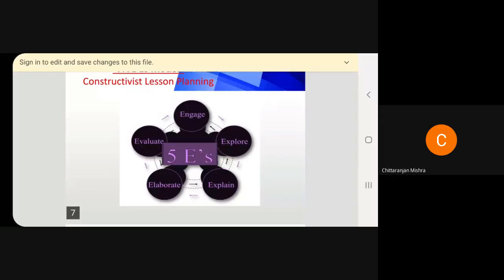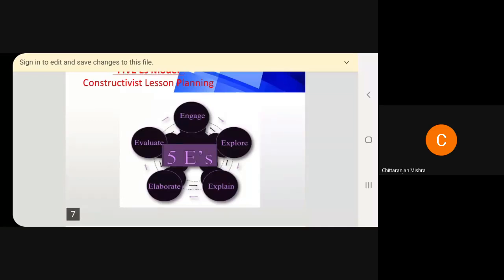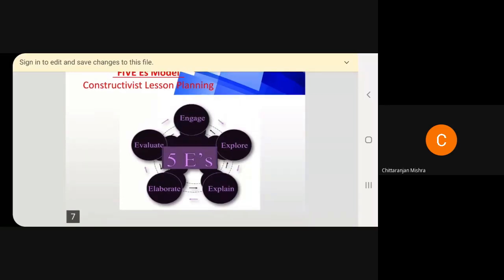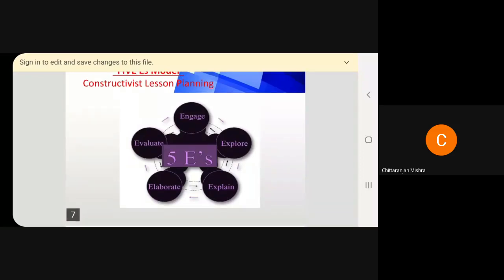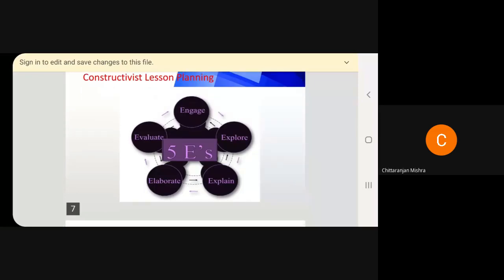And as usual, after completion of elaboration, on the basis of the content covered in explain and elaborate, the teacher can make the evaluation. So this is the 5D model, and it is explained very nicely in your material. If you go through the material, I think you will be able to understand it properly. So this is the 5D model or constructivist lesson plan.